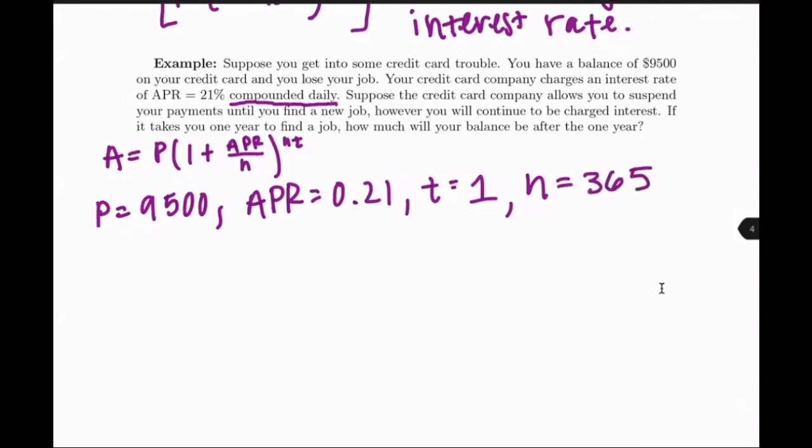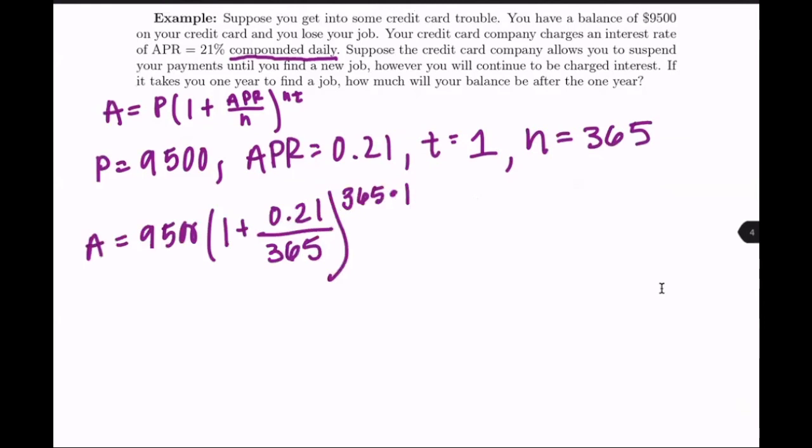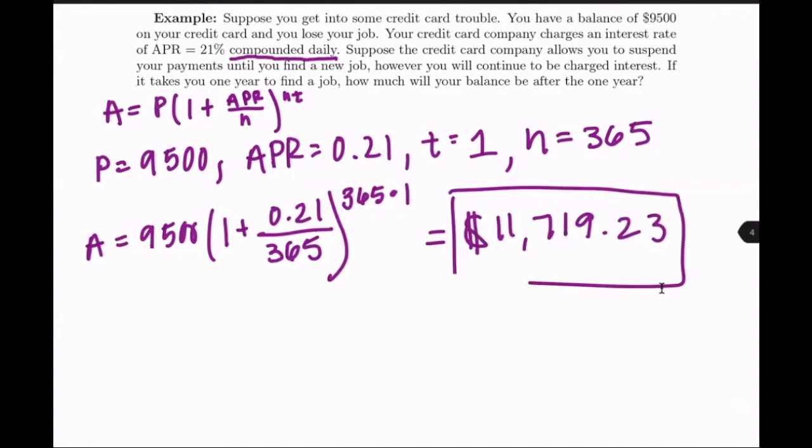Okay, so now we can plug directly into the formula. So we get A equals 9,500 multiplied by 1 plus 0.21 divided by 365 to the power of NT, which is 365 multiplied by 1. Putting this into your calculator, you should get $11,719.23.